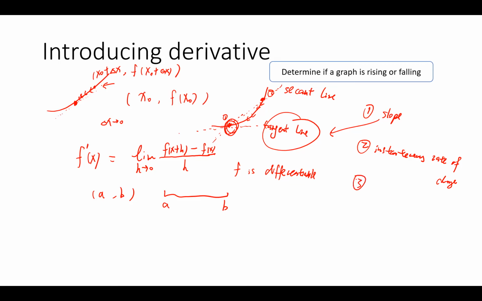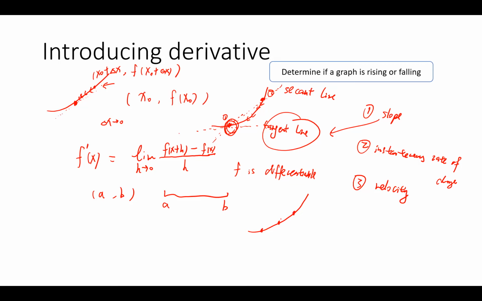Now the third interpretation is the velocity, in the context of a moving object. So say, for example, this is the position of a moving object: at each time point, we are at a different location.